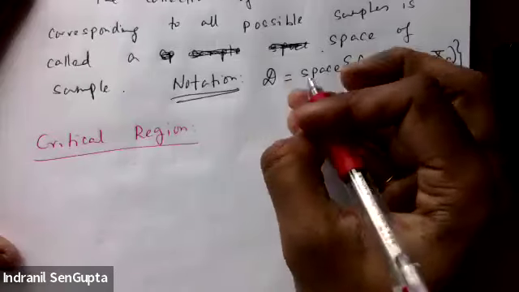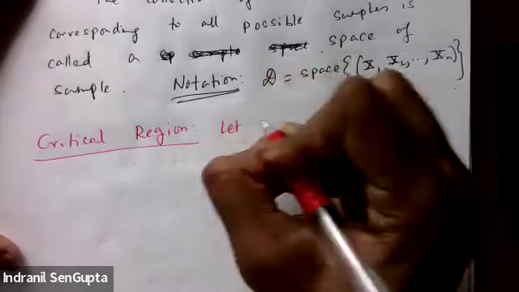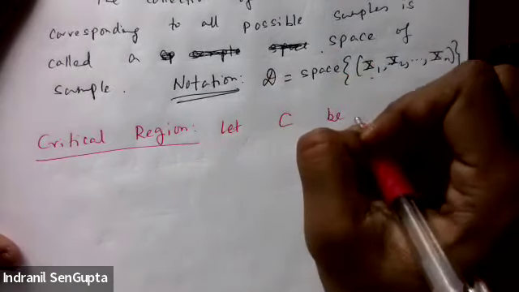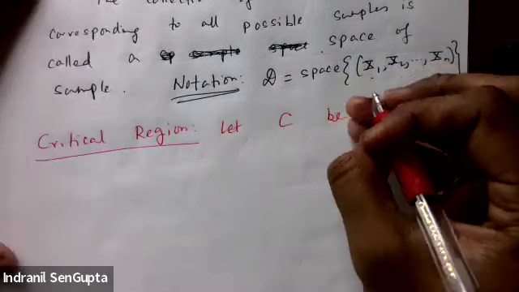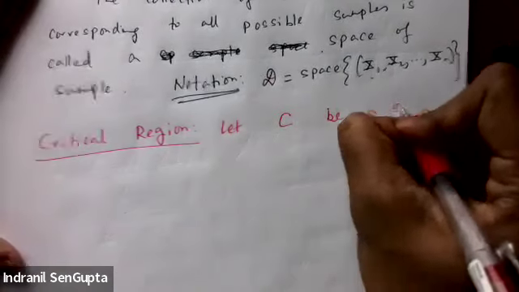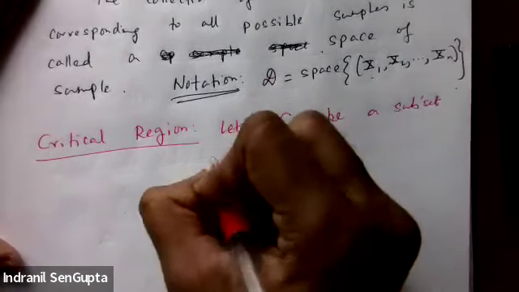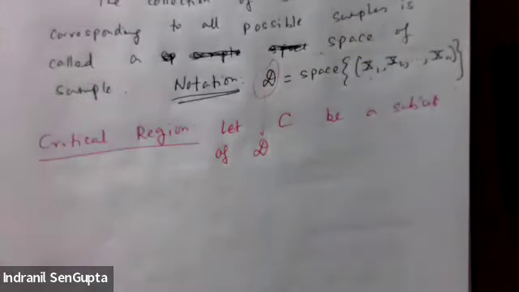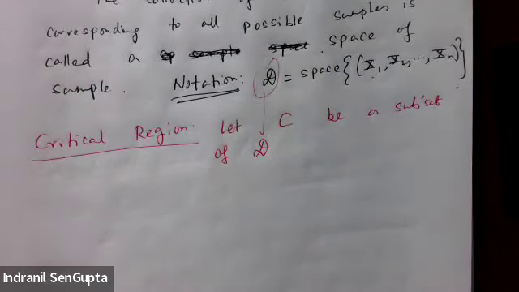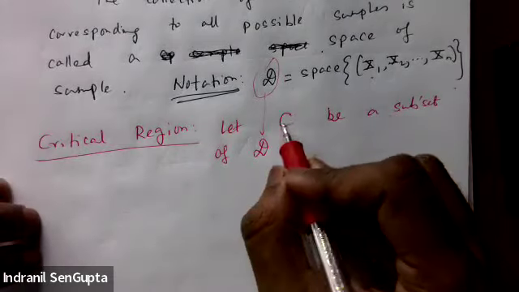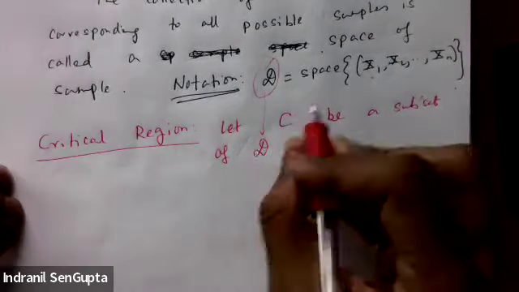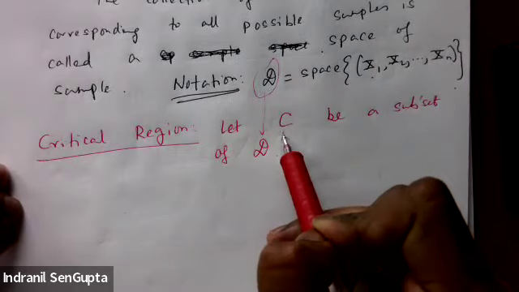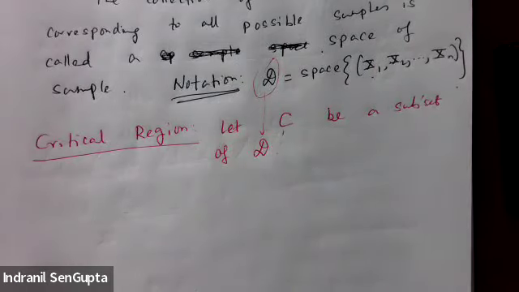Now let C be a subset of D. What is D? This D is the space of samples. So I'm taking a subset C of D.